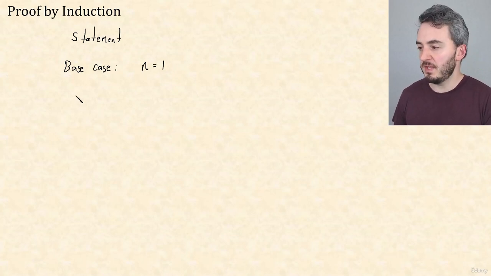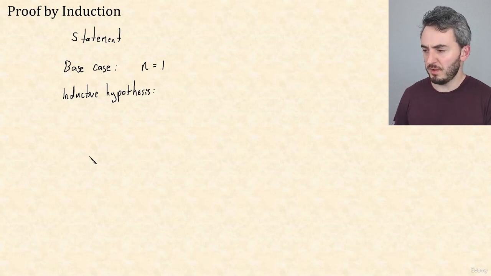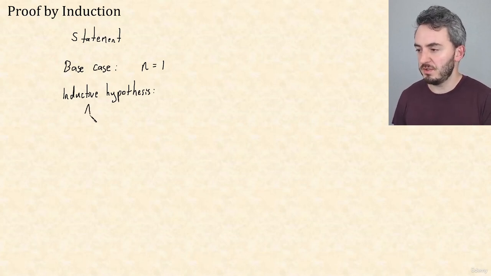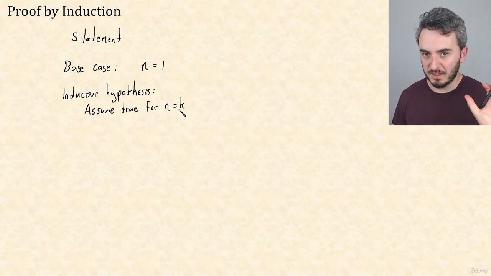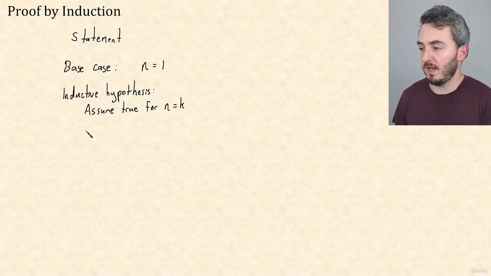Then what we do is we lay out what's called an inductive hypothesis. Now the inductive hypothesis is a rather strange step, which is to assume that the theorem holds true for some number k. So we assume the statement is true for n equals k. And I'll tie this all together at the end. I'm just laying out the formal stuff first. So we assume the statement is true for some particular case.